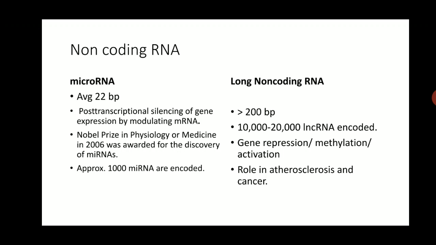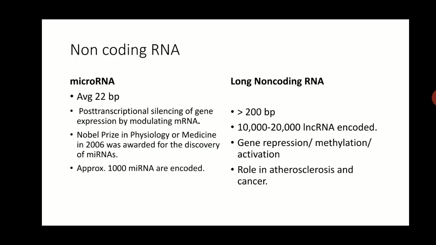The microRNAs on an average are about 22 base pair, hence their name is microRNA, whereas long non-coding RNAs usually are more than 200 base pair long. MicroRNAs are very important because they lead to post-transcriptional silencing of the gene expression by altering the messenger RNAs.